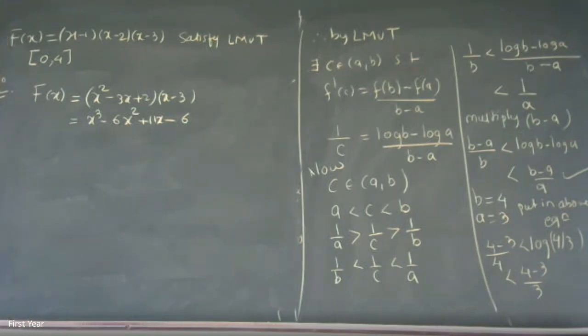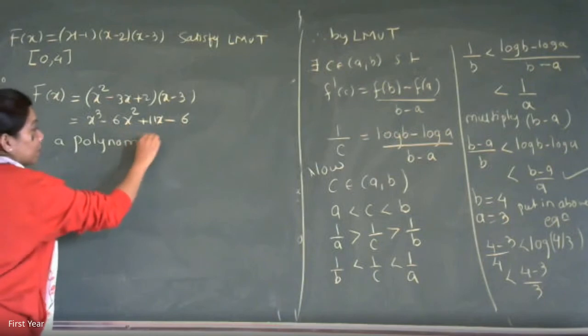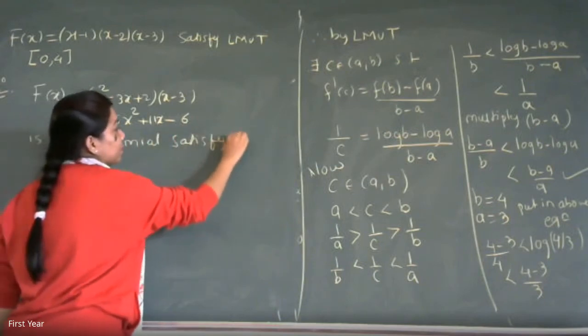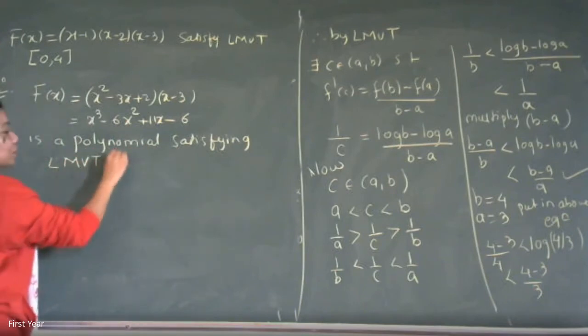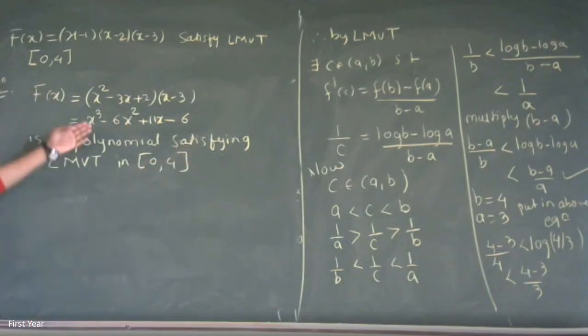If you want to mention this point, or even if you don't write, it's okay because it is said that it is satisfying LMVT. A polynomial satisfies LMVT in the closed interval 0, 4 because it is not becoming infinite.